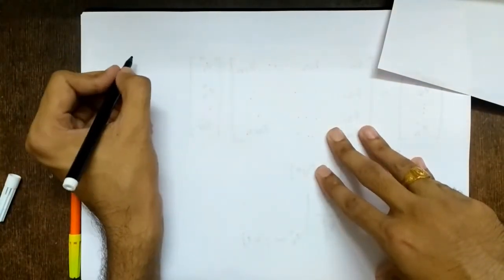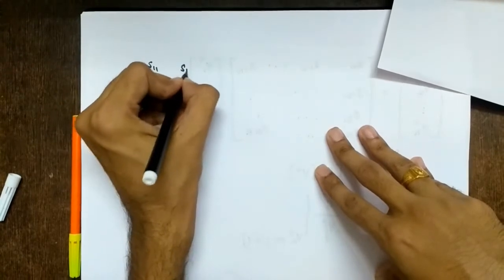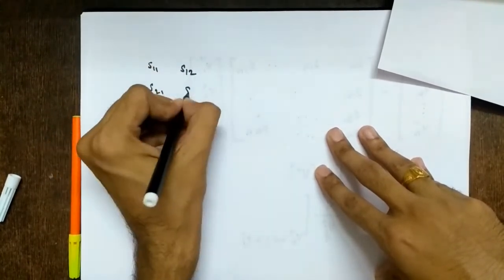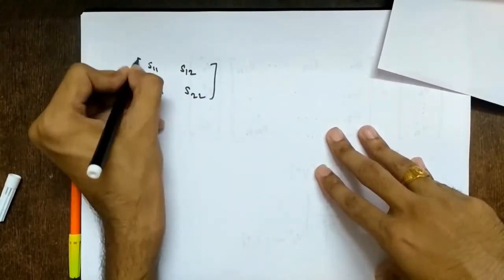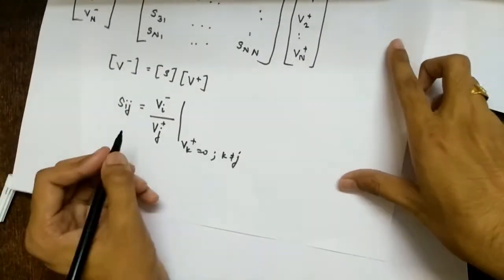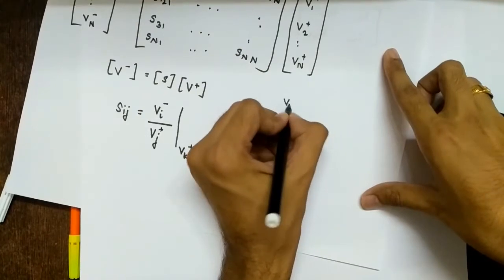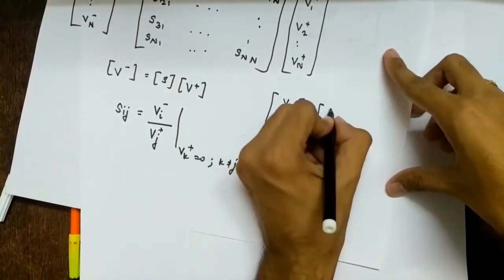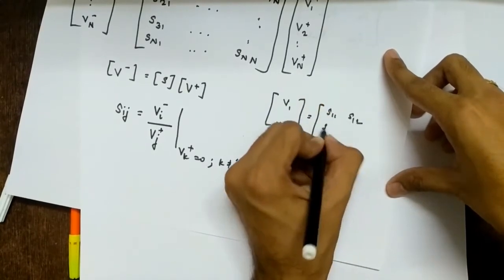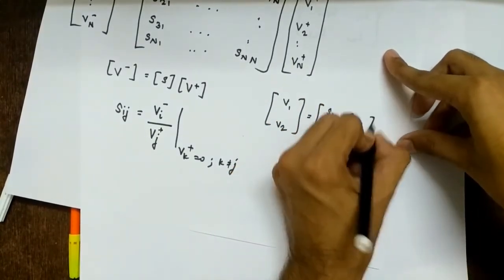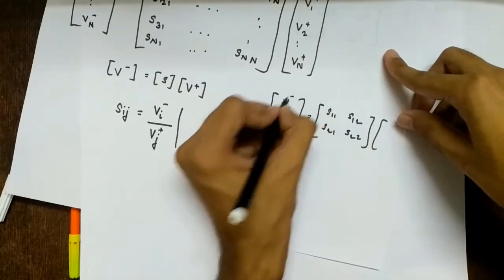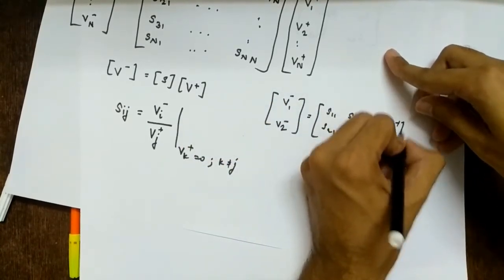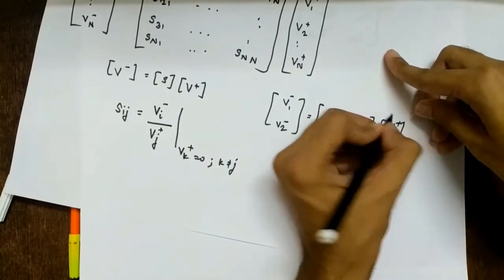If I have a two-port network, what will the matrix be? It will be S11, S12, S21, S22, right? If you substitute here, it will become: V1 minus, V2 minus equals the matrix S11, S12, S21, S22 times V1 plus, V2 plus.